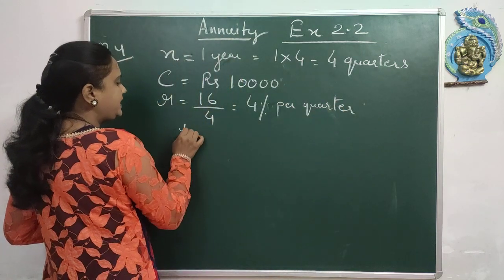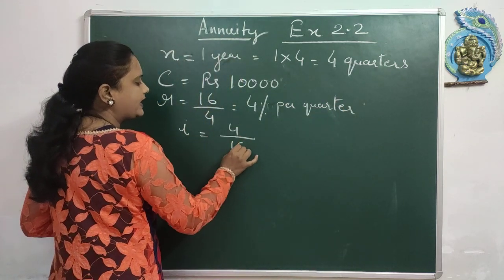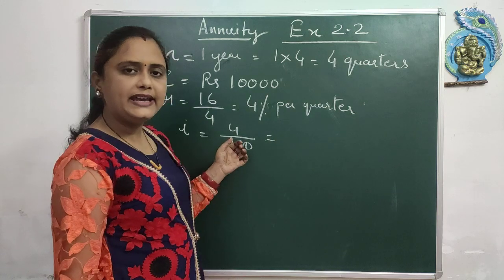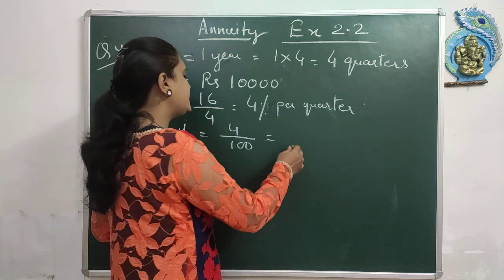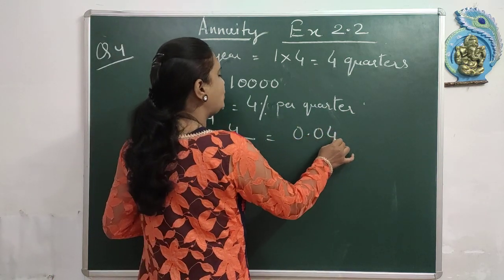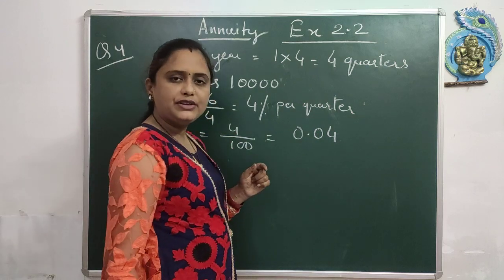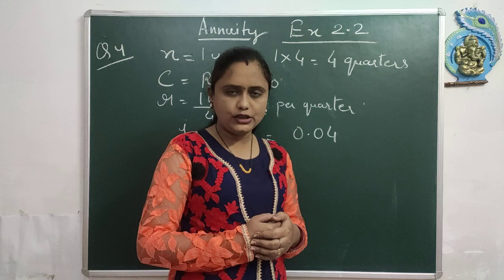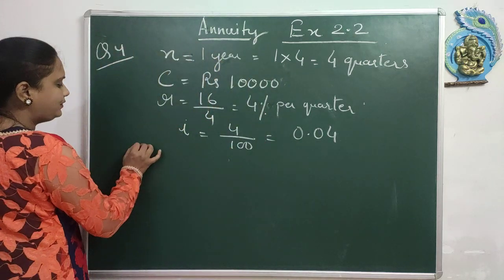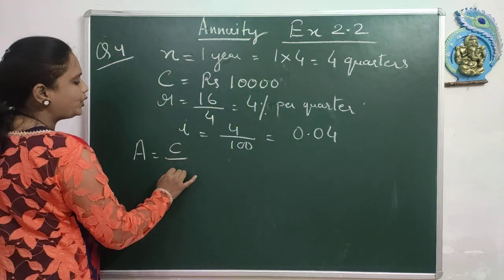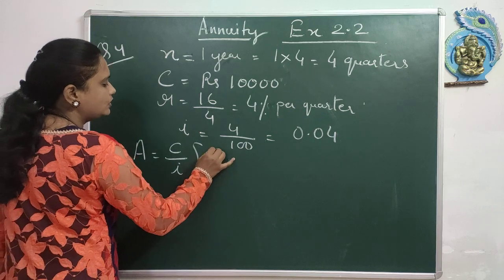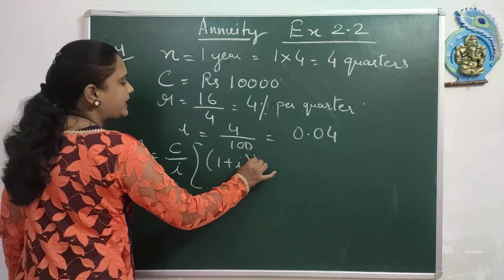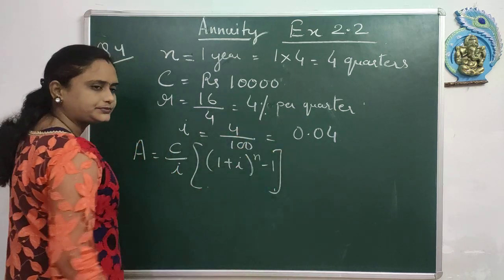So I will be 4 by 100. As I have explained to you, I is rate by 100. So this is 0.04. So I will be 0.04. Now you have to find the accumulated value only. So just apply the formula for A, that is C upon I into 1 plus I to the power n minus 1.